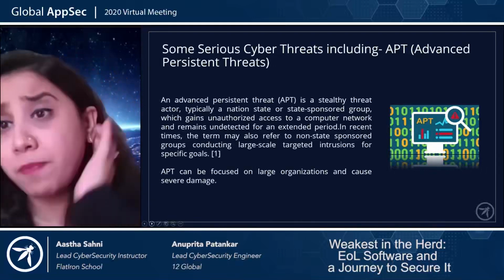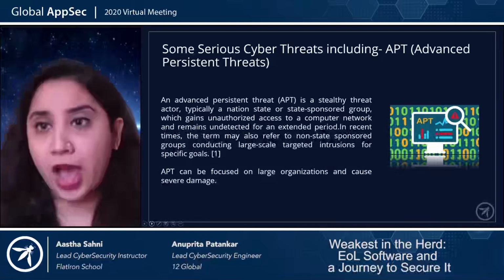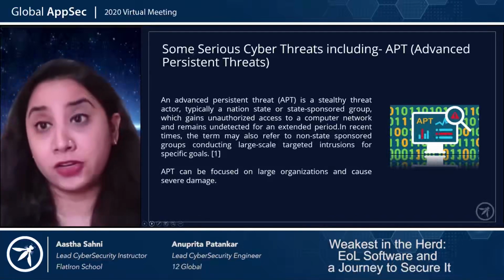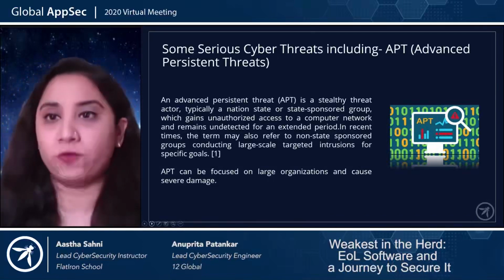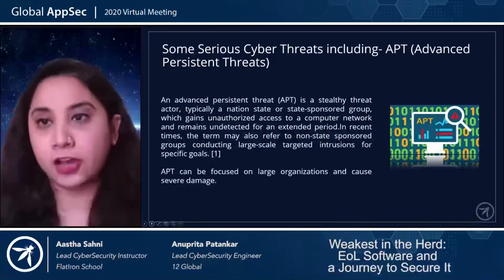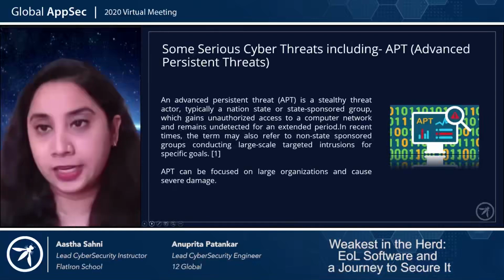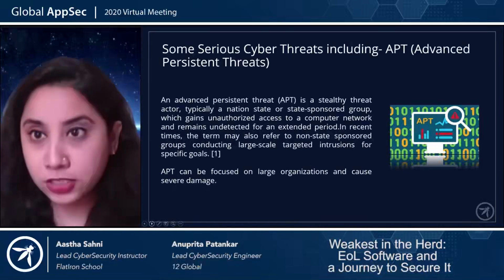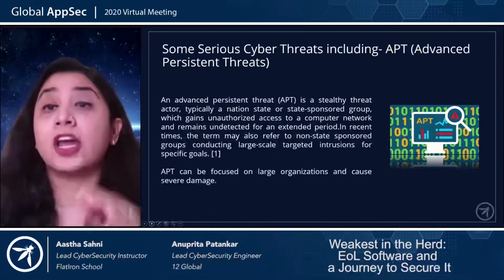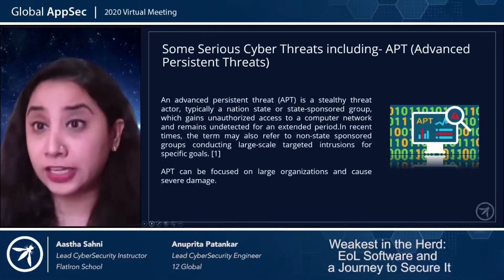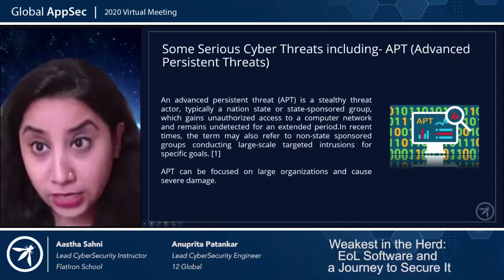And if we look at the median values of dwell time of threat actors around 2013, the dwell time, which is the average time an attacker remains in the network undetected in advanced persistent threats, was around 197 days.